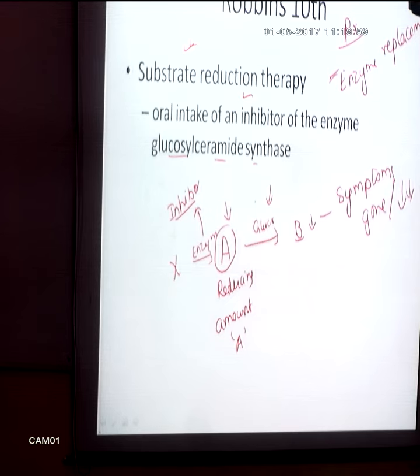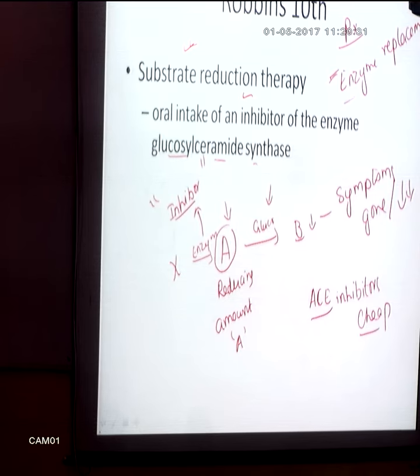Tell a common enzyme inhibitor. ACE inhibitors? Right? At least 50% of your patients will be diabetic and hypertensive. What's the cost of enalapril? It's very cheap. So if I have an enzyme inhibitor, the treatment is going to be in 50 rupees.